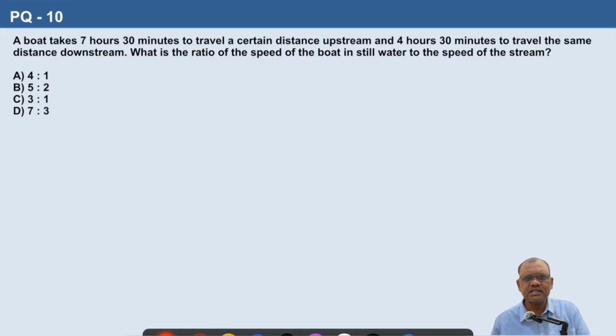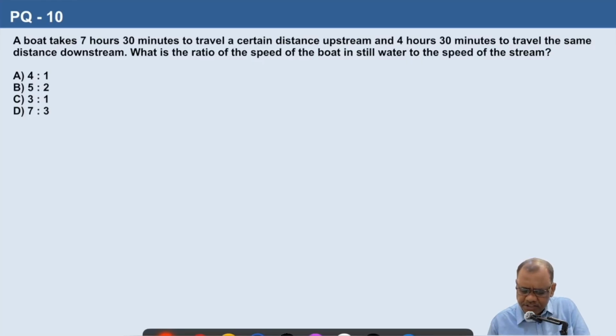The only difference is that the time is given in minutes, so let us convert everything to hours. We have to find the time upstream and the time downstream. 30 minutes is half an hour, so half an hour can be written as 0.5.